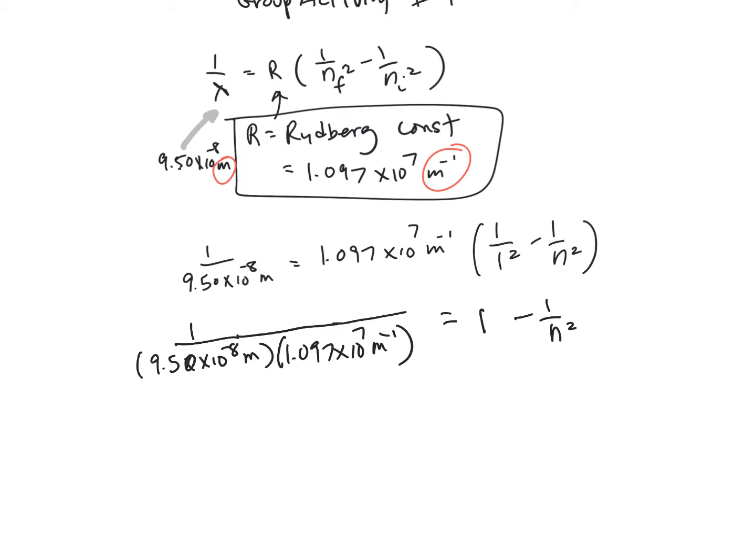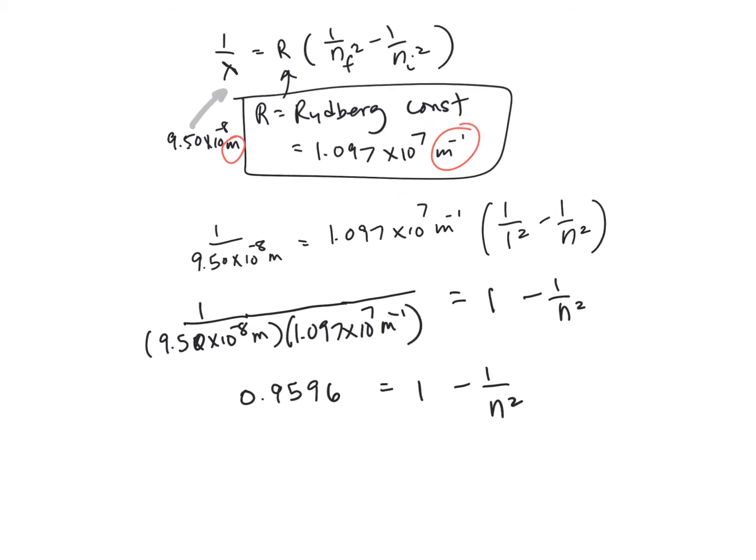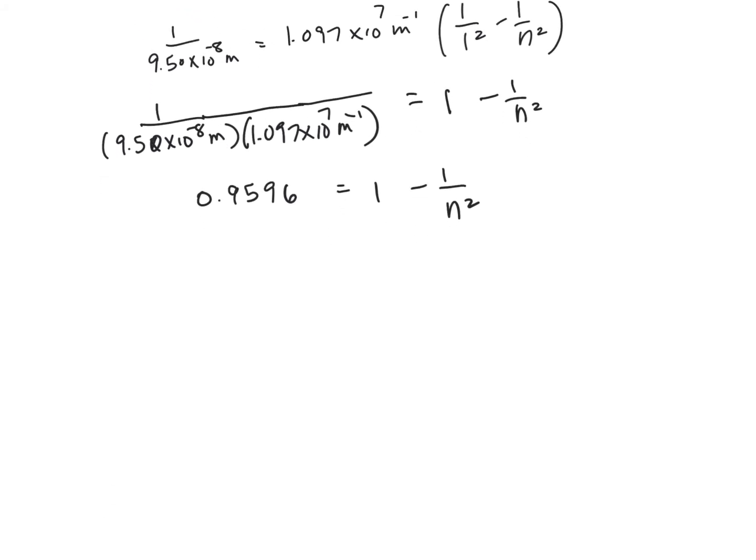Okay, so I'm going to say 1 divided by 9.5e negative 8 divided by 1.097e7, and this is going to be equal to 0.9596, which equals 1 minus 1 over n squared. Next we are going to subtract 1 from both sides.